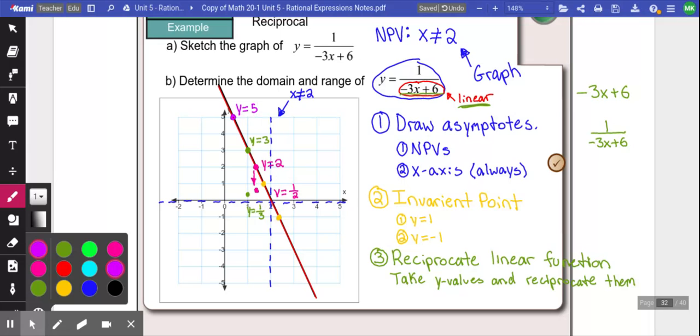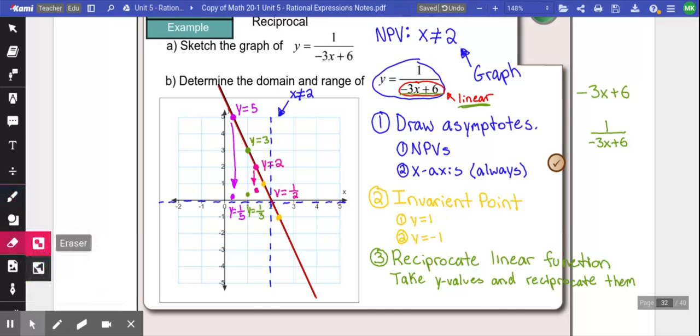If I reciprocate 5, it would become 1 over 5, which if you put in your calculator is 0.2. So that point would come way down to here at y equals 1 over 5. Right? This point is going way down to here.